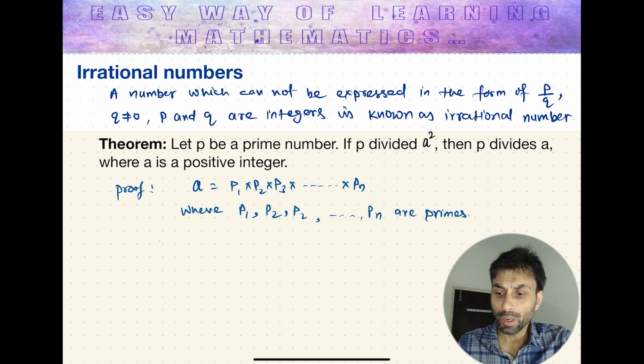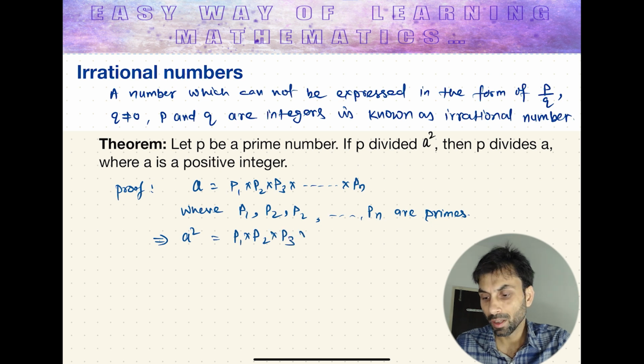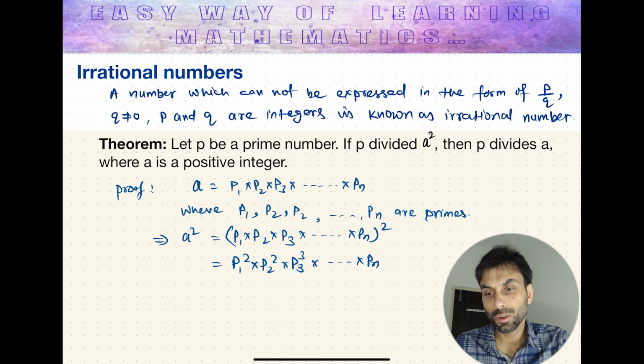And then when you square it, if I square both sides here, a square will be equal to p1 into p2 into p3 and so on up to pn whole square. And by laws of exponents, we can write it as p1 square into p2 square into p3 square and so on up to pn square.